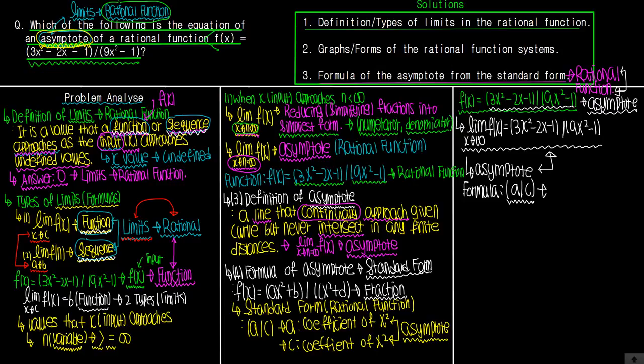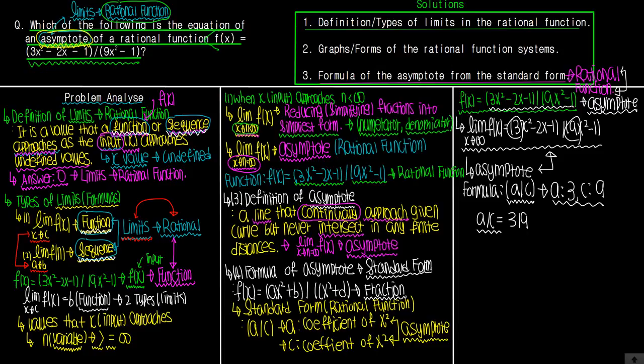So if you find its values, what is the a value? Well, the a value is the first term's x squared coefficient, which is 3. And what is our c value? Well, our c value is the coefficient of the second degree term's x value in our second nominal, which is 9. So what is a divided by c? Well, we know that a is 3 and c is 9.